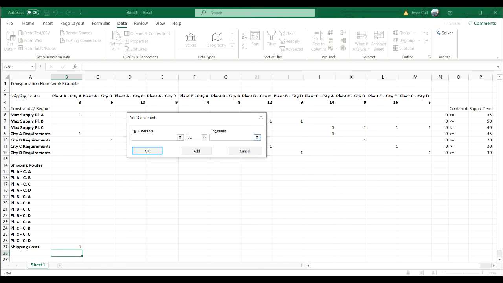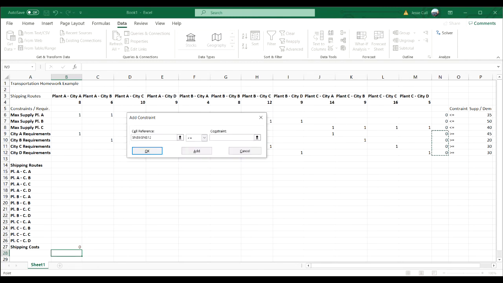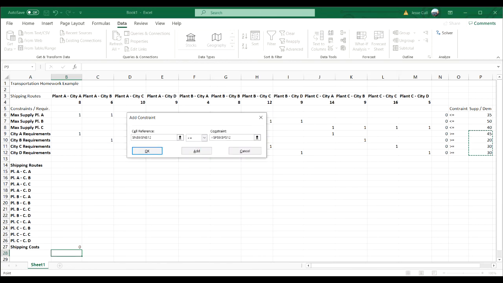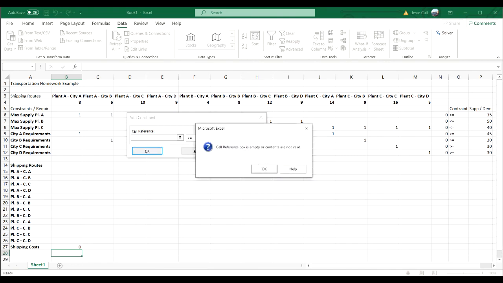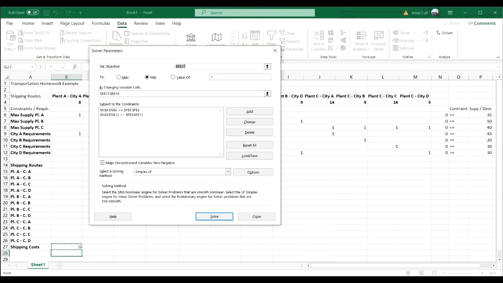And our second constraint, these 4 must be less than or equal to these 4. And we can drag and drop because, again, it's always less than or equal to. We add that now. So we now have 2, which represents actually 7 constraints.